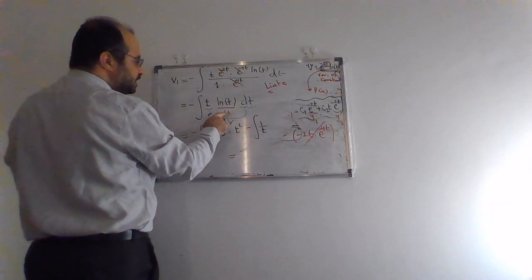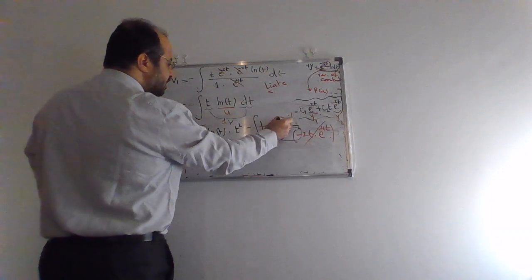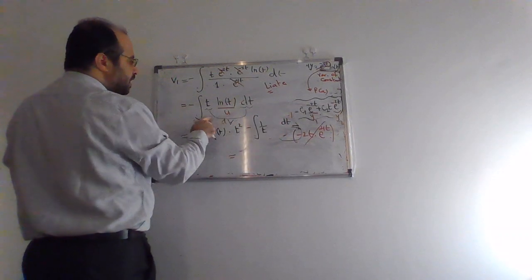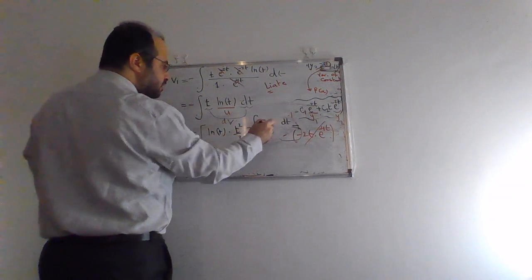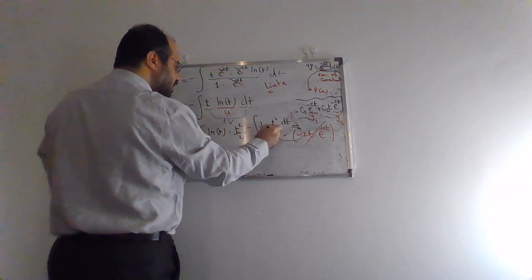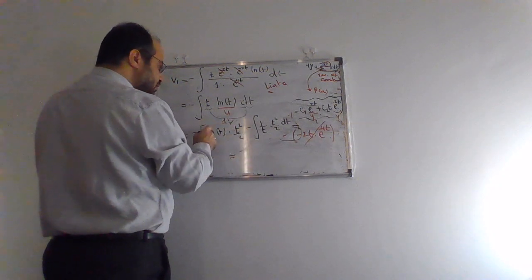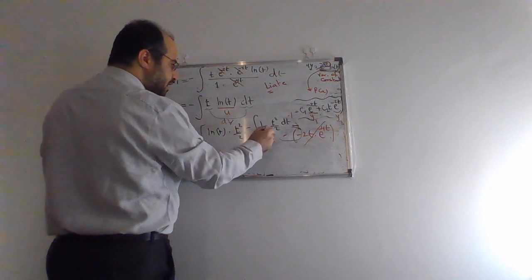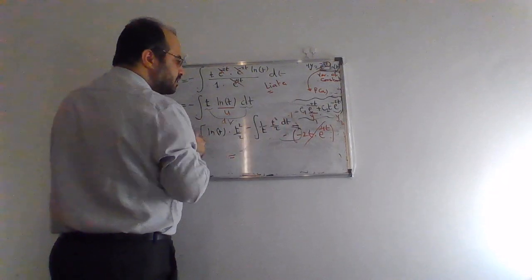So du will be 1 over t dt, right? And then the v will be t squared over 2. So this thing is the v, this thing is the u, and this thing times the dt is the du, and this thing is the dv, right?